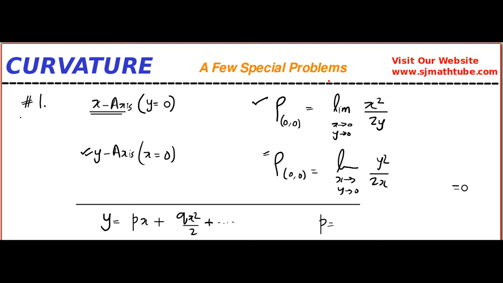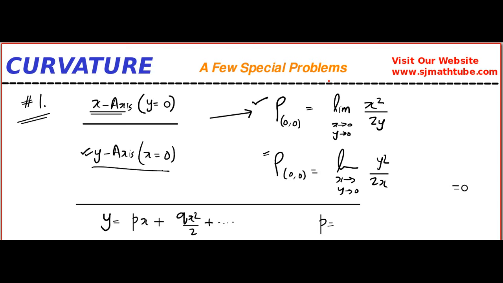Okay, so the first thing we are going to focus on is radius of curvature at the origin. Now listen very carefully, I'll make it very short. If the x-axis is a tangent to the given curve, then the radius of curvature is given by Newton's formula: limit x tends to 0, y tends to 0, x square by 2y.